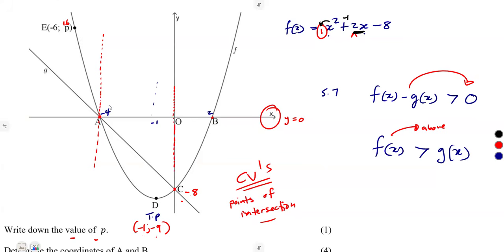So the critical values are x is -4, and this one on the y-axis, x is equal to 0. Those are the critical values. So let us compare. Where is it that our f of x is above gx, on top of gx, more positive than gx? This is our f of x, remember? That's our f of x.